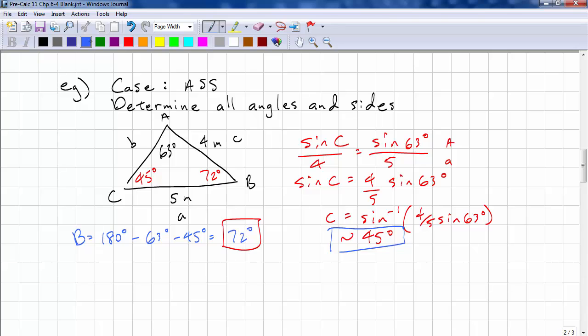And finally, we need to calculate side b, so let's put b on the top. b over sine 72 equals, you can choose any one you want. I'll choose a. And again, it's better to choose a because these are given values, whereas angle C is an approximation.